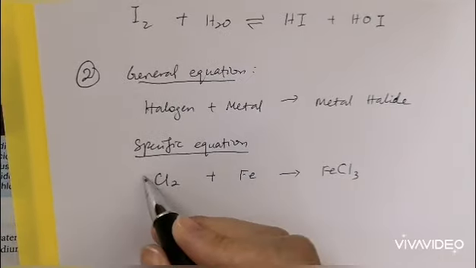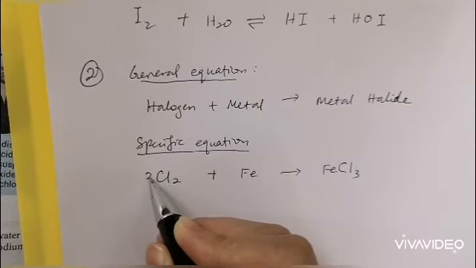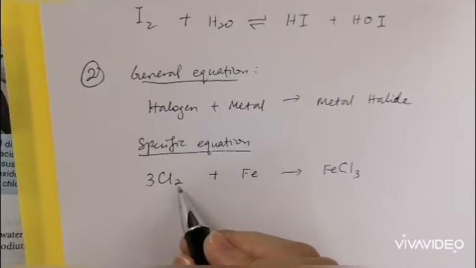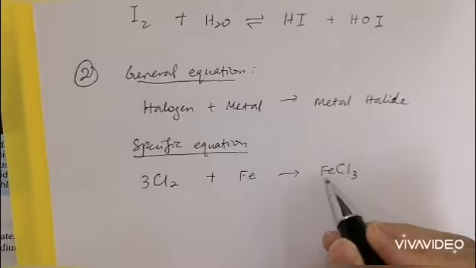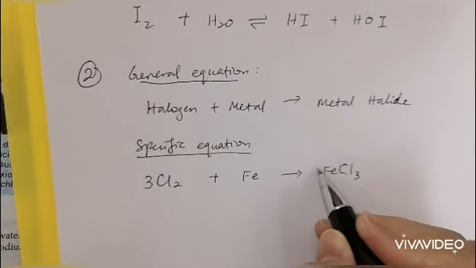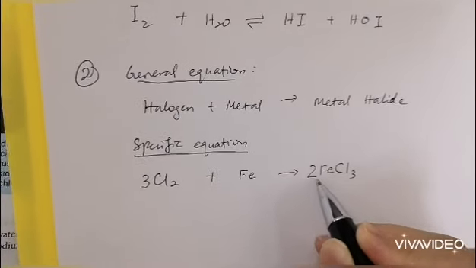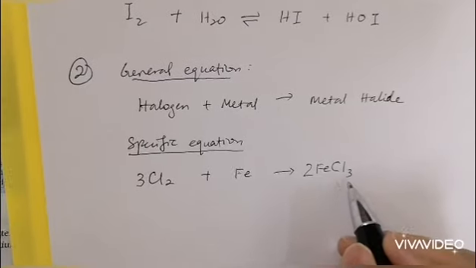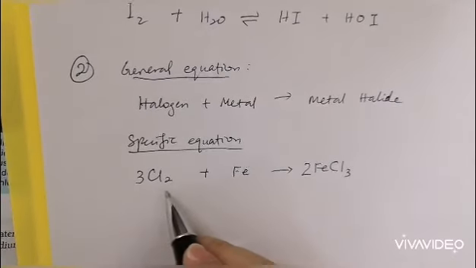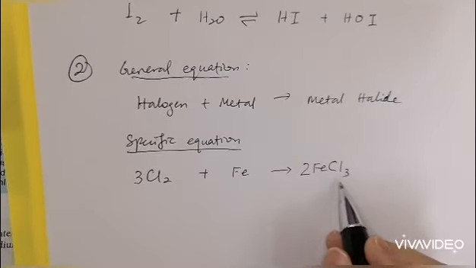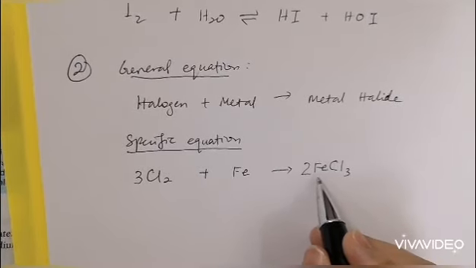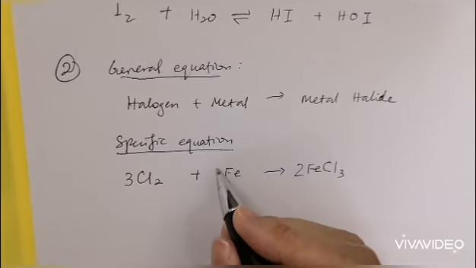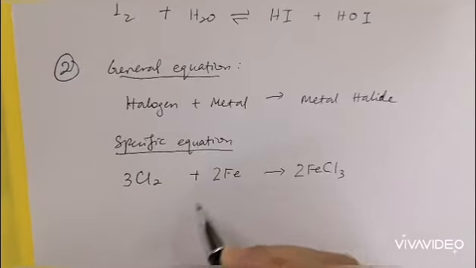So let's try putting 3. If I put a 3 here, that's 3 times 2, 6. And here, let's make this into 6, so I put a 2 in front. 2 times 3 is 6. So there are 6 Cl's and 6 Cl's, so it's balanced. But now there are 2 Fe's and only 1 Fe here, so I need to put a 2 in front.